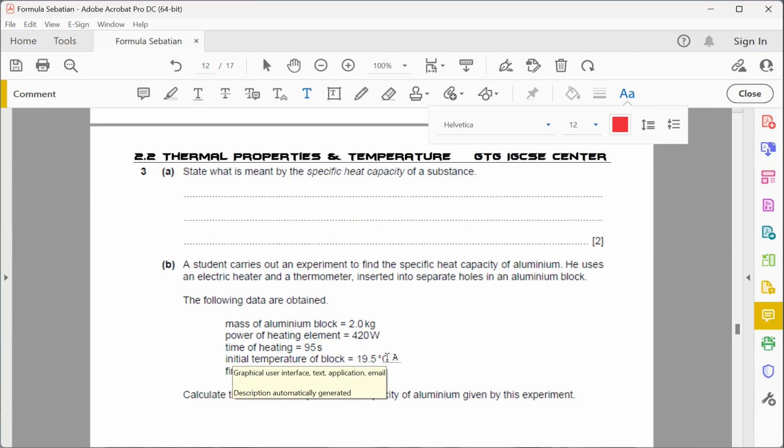And this one. Excellent. And this question, if specific heat capacity always comes around for you, you better watch the video on it, because this question literally really comes up.